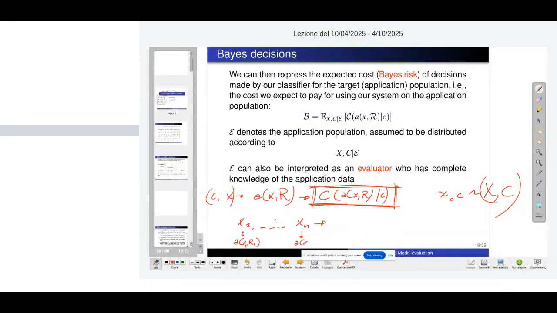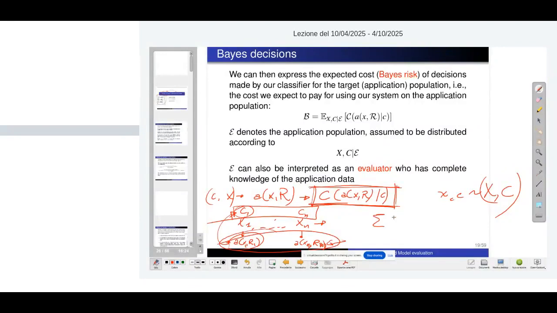Then each of these samples will have a corresponding label, which we don't know, but they belong to a class. So when we make some actions, even if we don't know the class, we will implicitly pay a cost, the cost of making the action. Assume that afterwards we can get the correct labels, then we can measure exactly on those data what the average cost was.